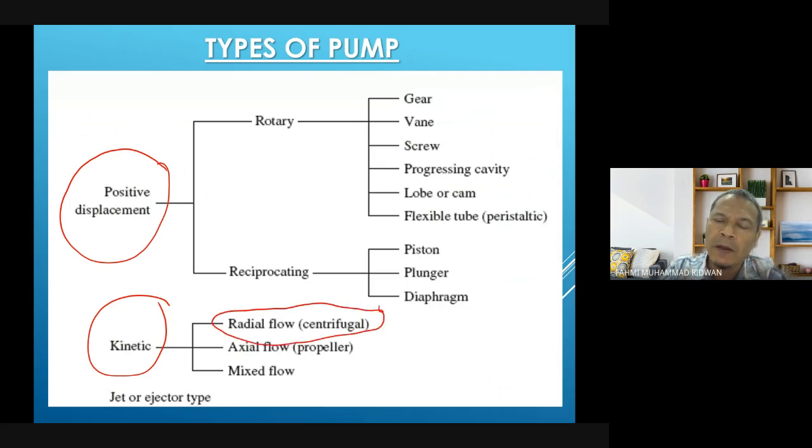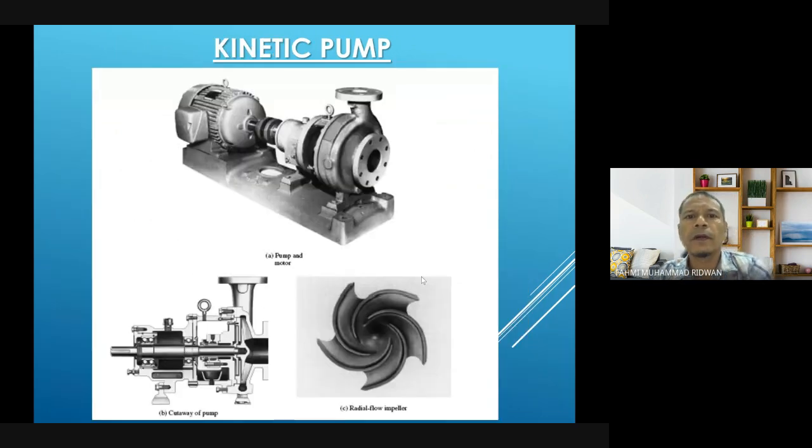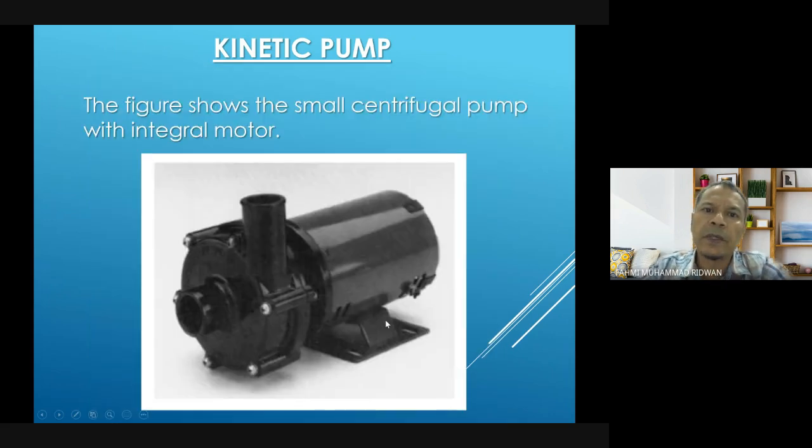However, there are many other pumps also used, but we focus on one example here, how the centrifugal pump works. This is an example of a kinetic pump, specifically the centrifugal pump. The water flows in through this inlet, and then goes out through this outlet.